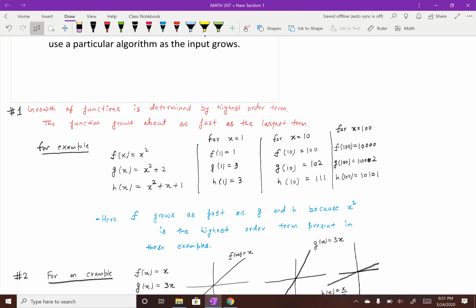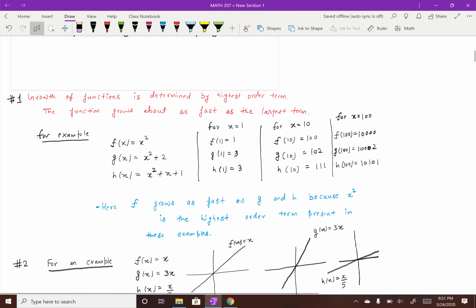First, we're going to build the concept of growth of the functions in computer science. So the first point about the growth of the function is it can be determined by using the highest order term present in your given function. Let's suppose I take an example where I have three functions: f of x is equal to x square, g of x is equal to x square plus 2, and h of x I define as x square plus x plus 1.